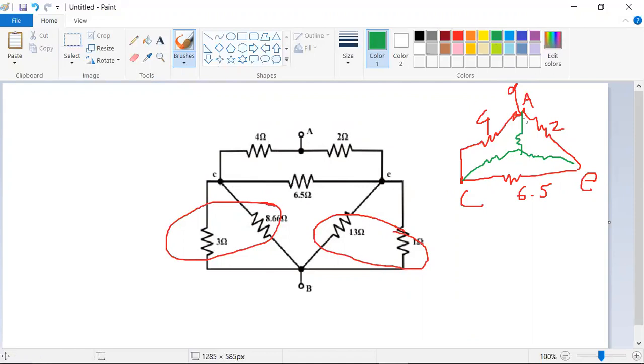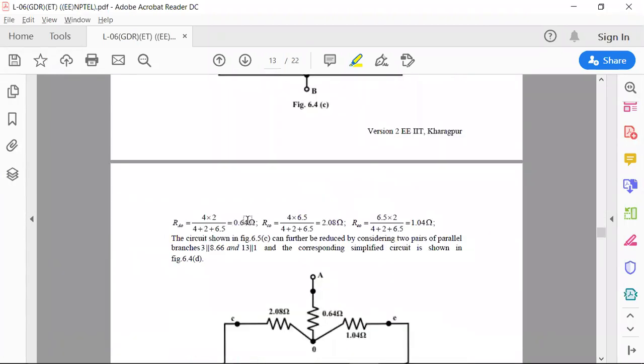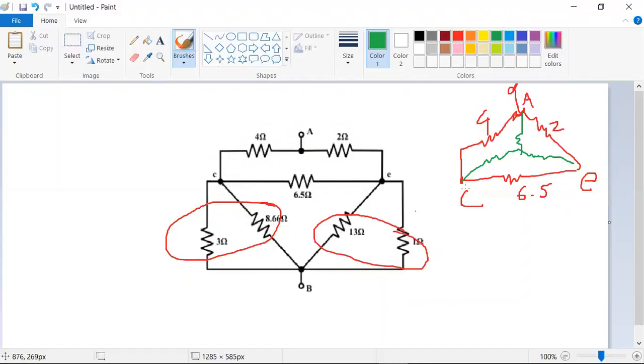The new circuit that comes is a star connection. For measuring this arm, you multiply 4 into 6.5 by the summation of 4 plus 6.5 plus 2. Then multiplying 4 and 2, you will get 0.64.